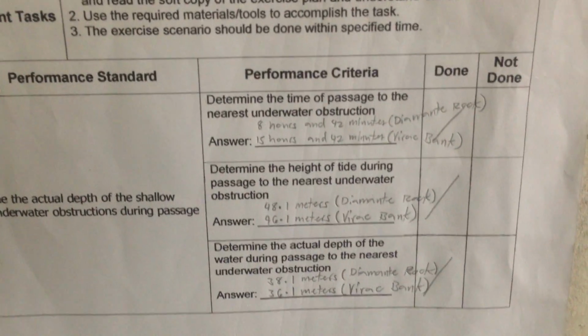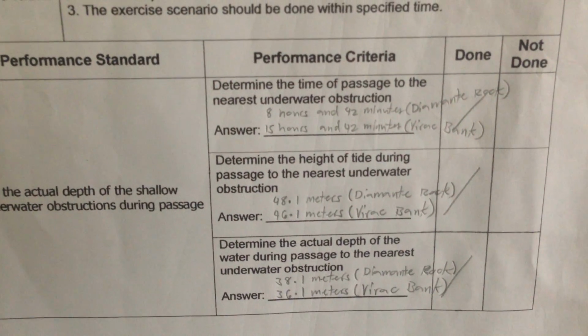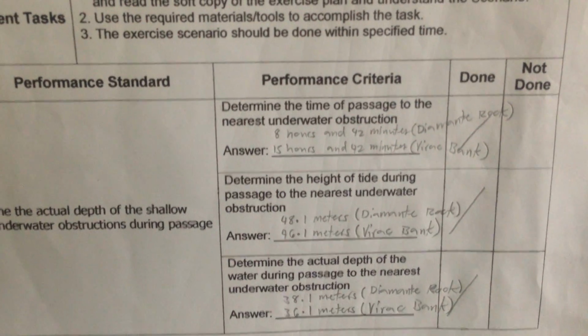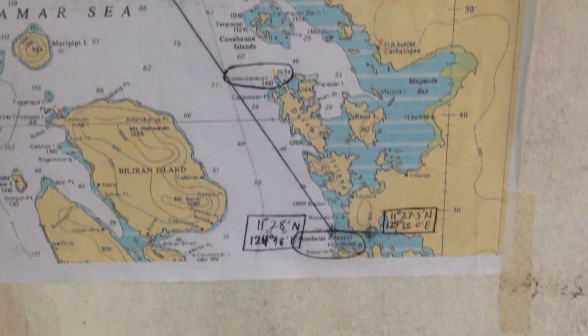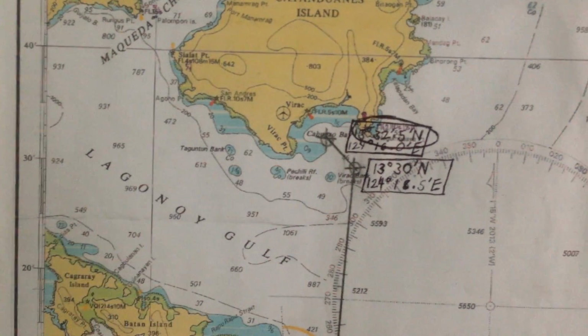So the performance criteria: first, determine the time of passage to the nearest underwater obstruction. So let us determine first. This is my passage from waypoint 1 until the last point, Cabugao Bay.